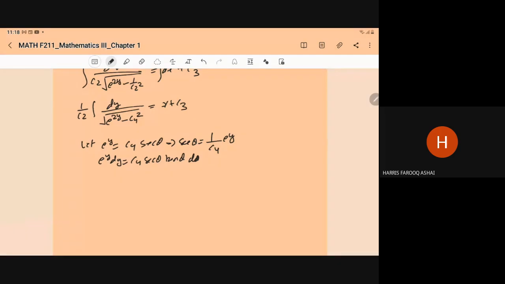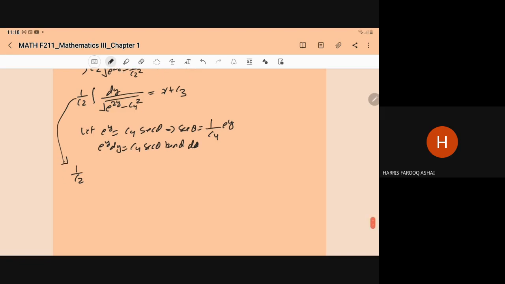So this left hand side will become 1 upon c2. This left hand side will reduce to 1 upon c2, and in place of the dy it will come c4 sec theta tan theta d theta upon e to power y, and e to power y we have assumed as c4 sec theta.